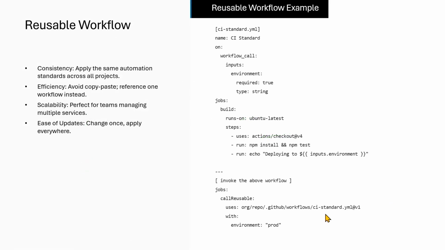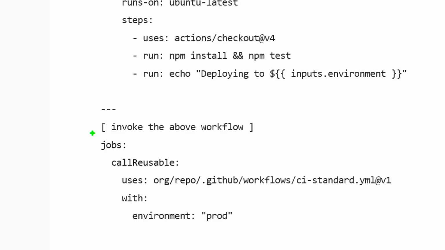How do we invoke this? In another job somewhere, externalized, we're building a job called call reusable, give it whatever name you want. But you'll notice here the uses. In this case, the uses is specifying the path to that reusable workflow.